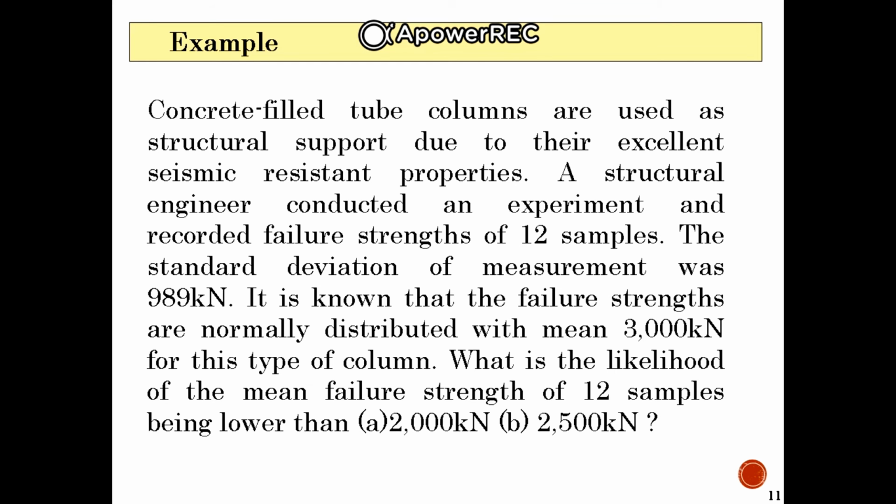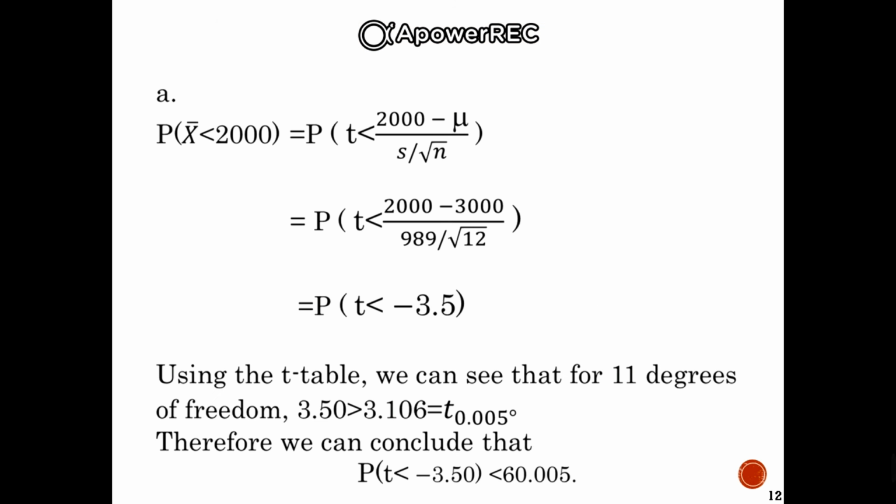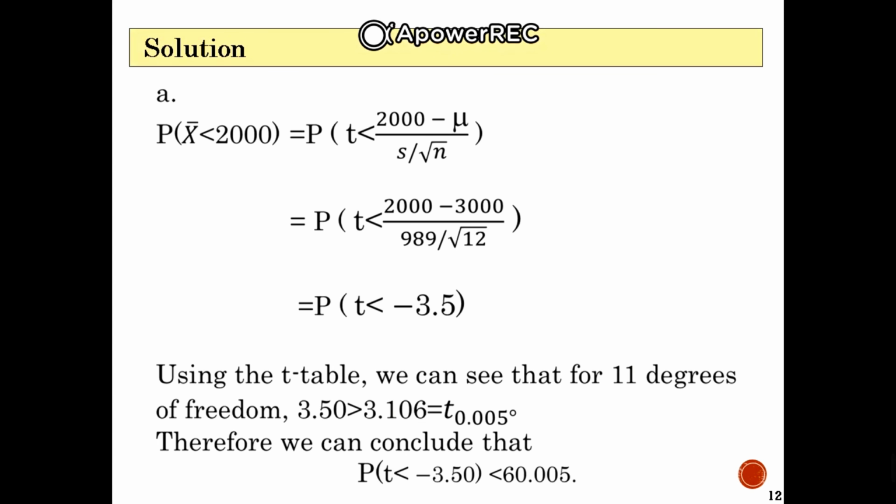It is known that the failure strengths are normally distributed with a mean of 3000 kilonewtons for this type of column. So what is the likelihood of the mean failure strength of 12 samples being lower than, first, A, 2000 kilonewtons and then B, 2500 kilonewtons?